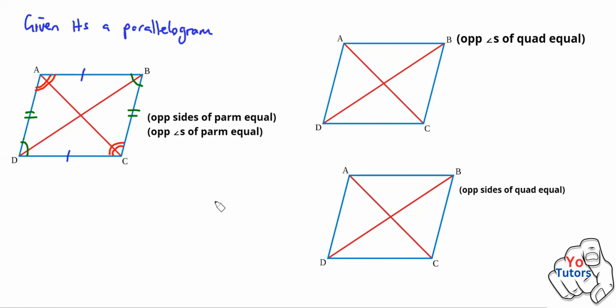Now the converse, we are saying you are given part of the theorem. We are given a shape. This shape is not known to be a parallelogram, but you need to prove that it is a parallelogram. How do you prove that a certain shape is a parallelogram? That's what we are saying here.